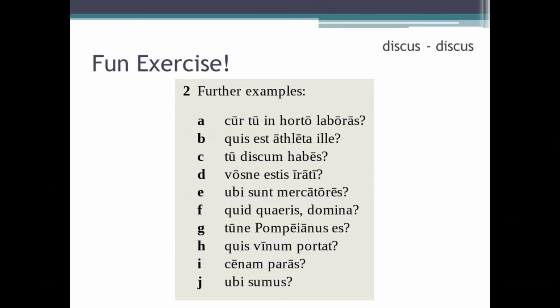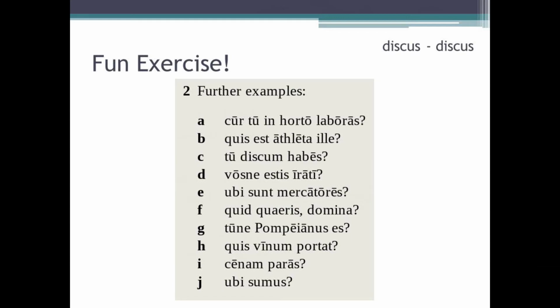A. Cur tu in horto laboras? Why are you working in the garden? B. Quis est athleta ille? Who is that athlete? C. Tu discum habes? Do you have a discus?